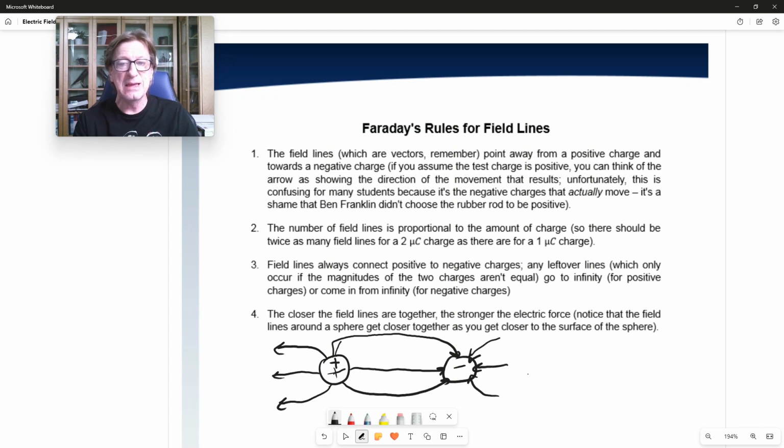If there are any leftover charges, they go to infinity if it's positive, or come in from infinity for negative. So what I can do then is I can say, okay, I've got additional ones, 2, 3, 4, 5, 6, that leave from the positive charge that don't make it to the negative charge.